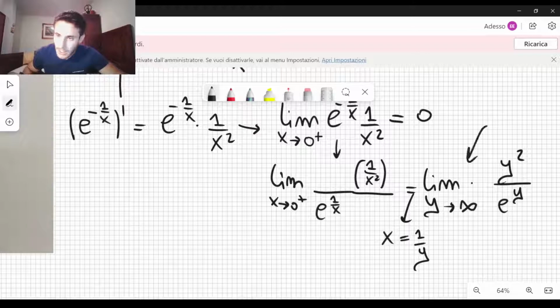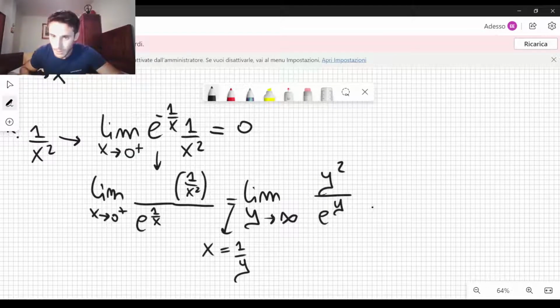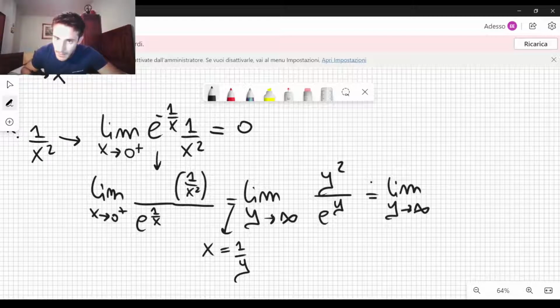But here you can easily use the L'Hopital. You can use the L'Hopital twice. So the first time you have limit as y goes to infinity 2y over e to the y. So you're taking the derivative of the numerator, and then you're taking the derivative of the denominator. If you take the derivative one more time, in the numerator you just have 2, and in the denominator you still have e to the y.